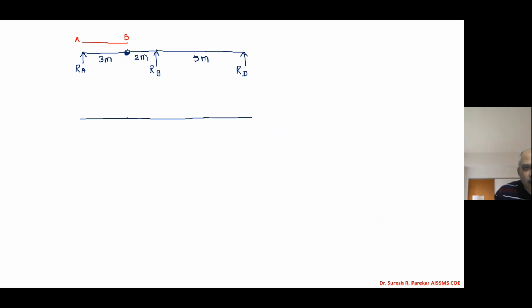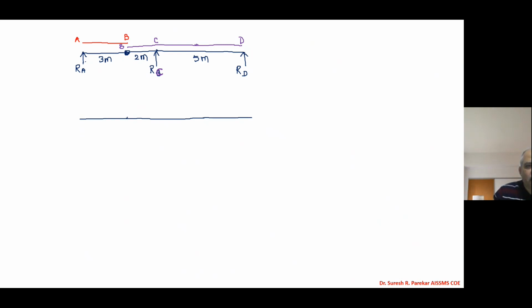So I will plot it in another color. So we have this as BCD. Now the line of AB, sorry, this is RC. So the line of AB and the line of BCD should be linear.